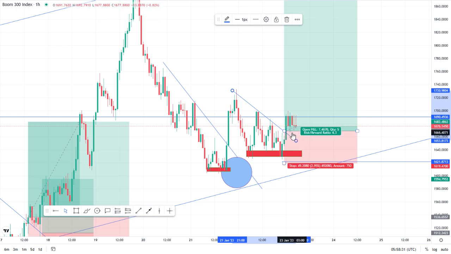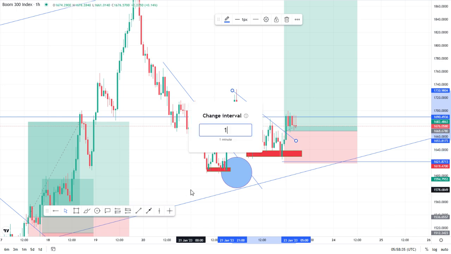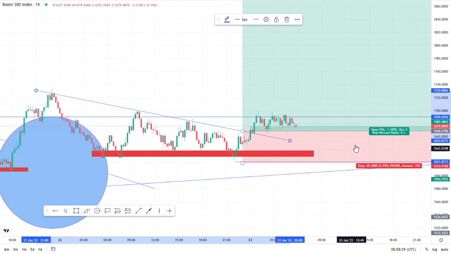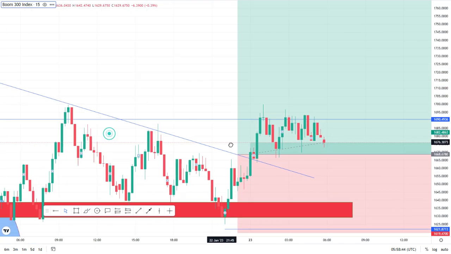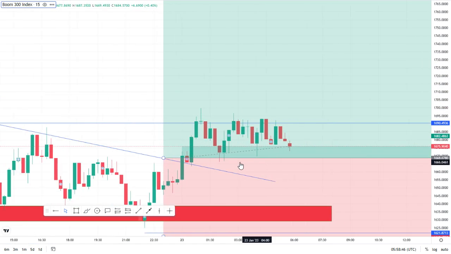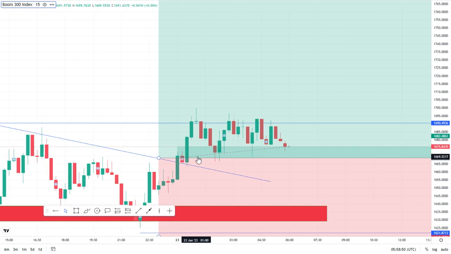I entered my trade after a breakout using a lower time frame, the 15 minutes time frame, for my entry. So this particular entry was on the 15 minutes time frame. After the closing of this particular bullish candle, you can see this bullish candle. When it closed, I entered my trade at the closing of that bullish candle.